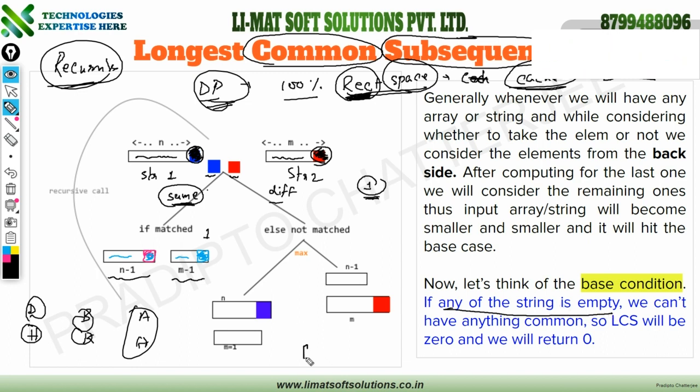I have one character left and another string is empty. When another string is empty, I cannot have anything common, because one string has some character and the other does not have any character. So LCS definitely will be 0, and in this situation I will be returning 0. So this is a simple example of how the recursion is working.